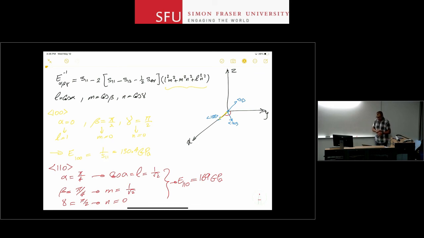Now the other case, E111, the 111 direction. I'm not going to solve it, I'll give you the final answer, but I suggest that you do that on your own. If you have a cube, it's a direction that goes from one corner of the cube to the opposite corner in 3D space.